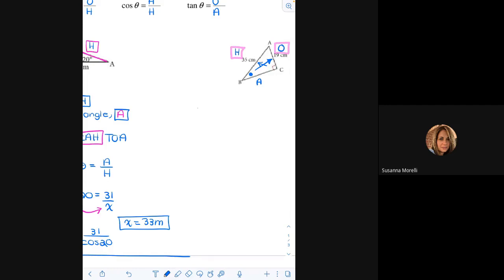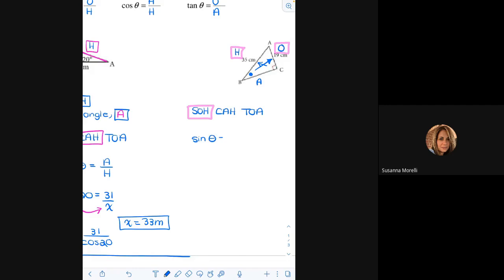So the trig ratios, let me just write them all down. Which one would use O and H? Yes, you're correct. Sine. So here we're looking for the angle, and you're given O and H. Let's set it up.